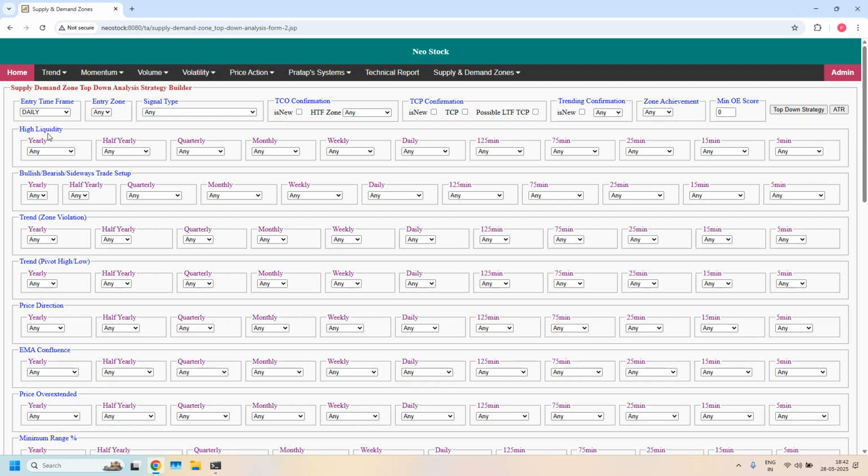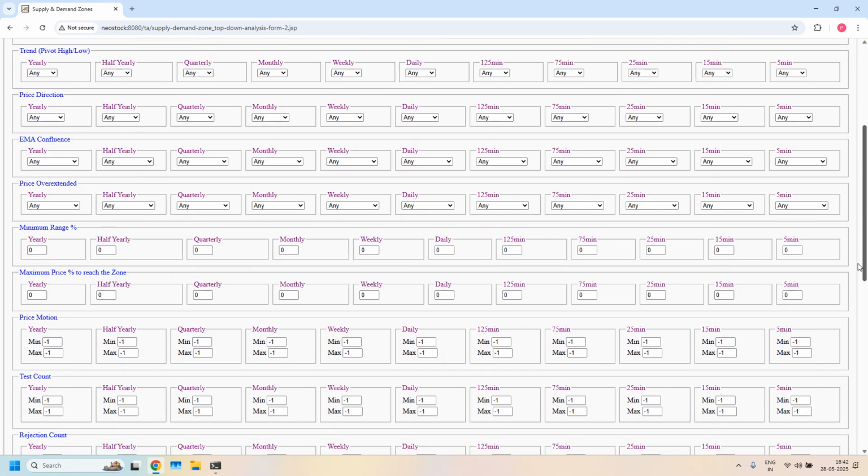Now bearish trade setup for hourly income trade, entry time frame 5 minutes, entry zone, supply zone, bullish or bearish or sideways. At 5 minutes, I am selecting bearish. Zone achievement VOZ, minimum order enhancer score 12, and 5 minute supply zone should not be pierced.